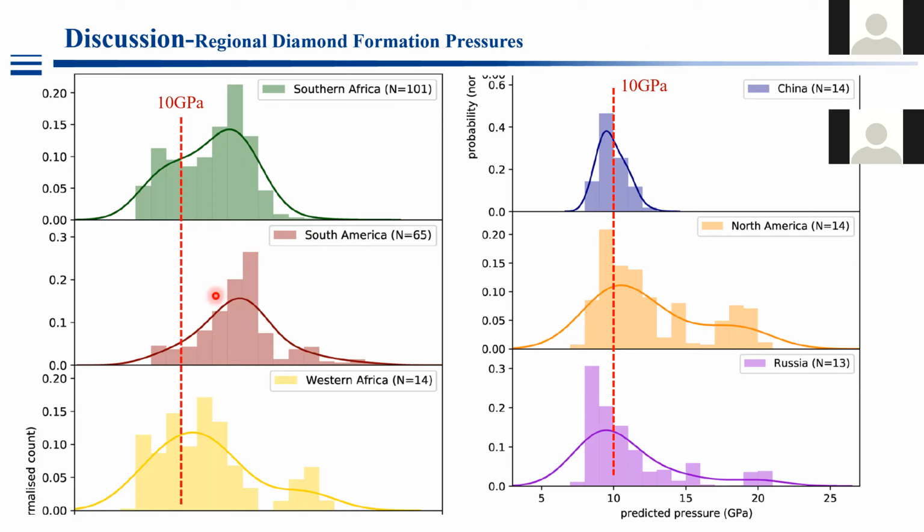We can see that a significantly greater percentage of the South African meteorite inclusions formed at pressures shallower than 10 GPa, or we can say 300 kilometers depth, compared with very few similar inclusions found in the South American samples. Then looking at other places, we can see almost all of them have the peak at 10 GPa.